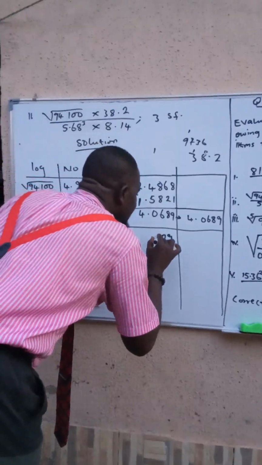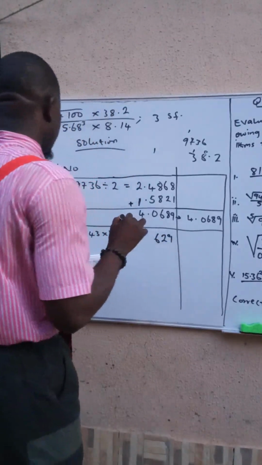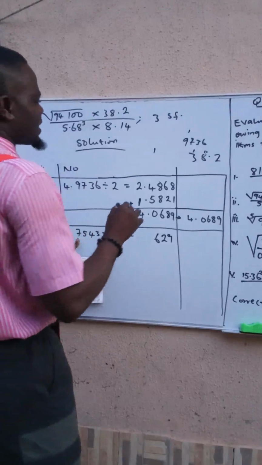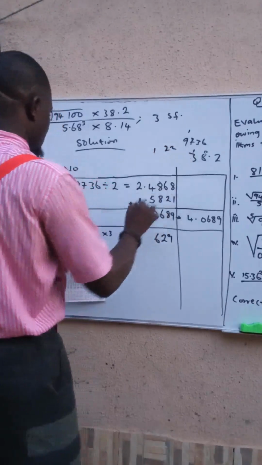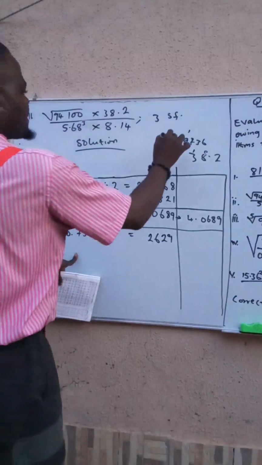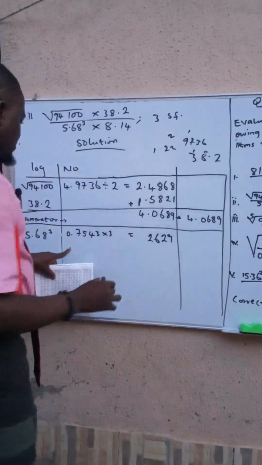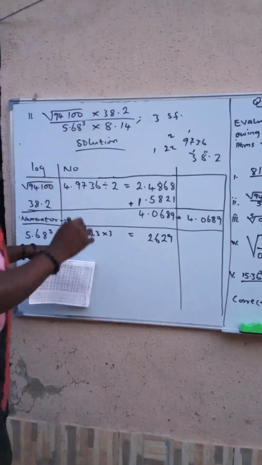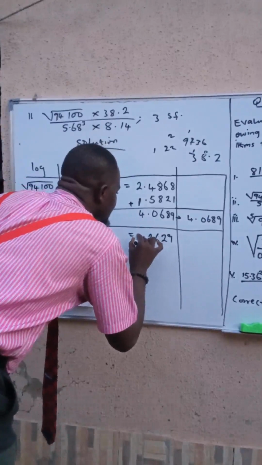Plus 1, 16. 6. 3 times 7 is 21. Plus 1, 22. 2. Carry 2. 3 times 0 is 0. The 2 you carried, you bring it here. 0.2.